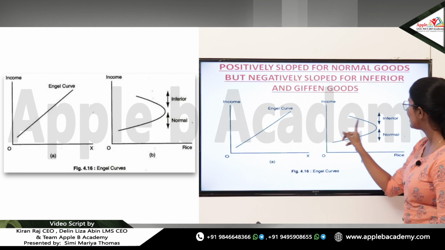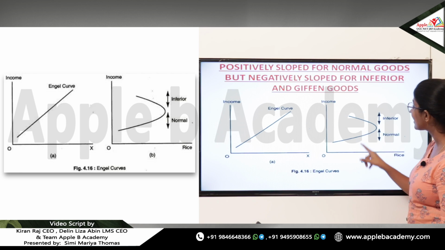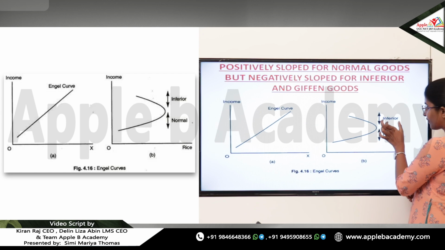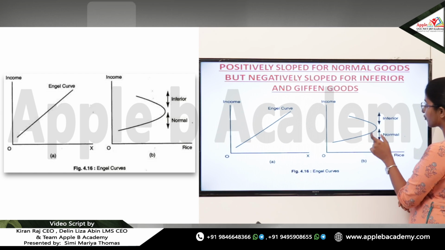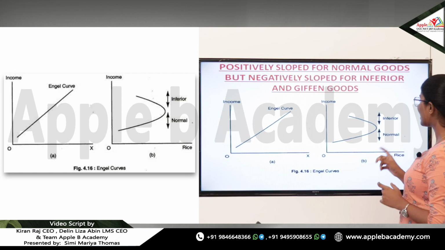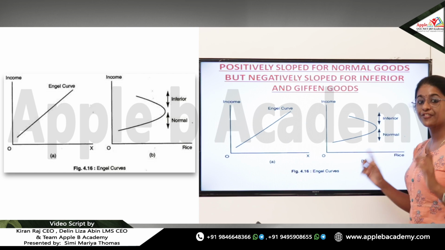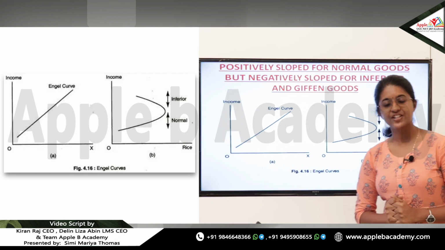But the quantity demanded is reducing with the increased income. For an inferior good, the increased income leads to a reduced quantum of the good consumed, and that is why the good is called an inferior good, and inferior goods have a negatively sloped Engel curve.